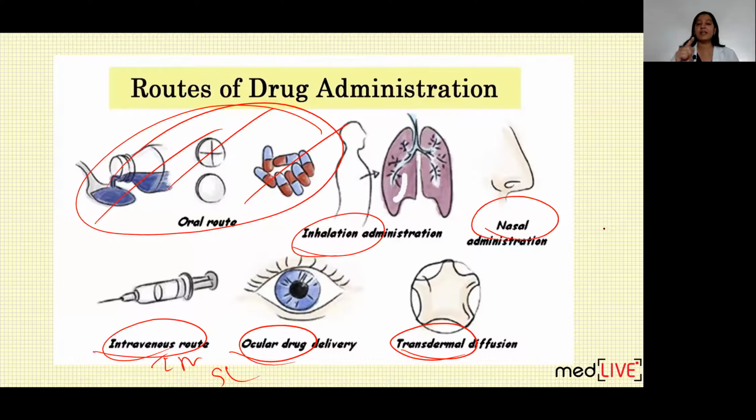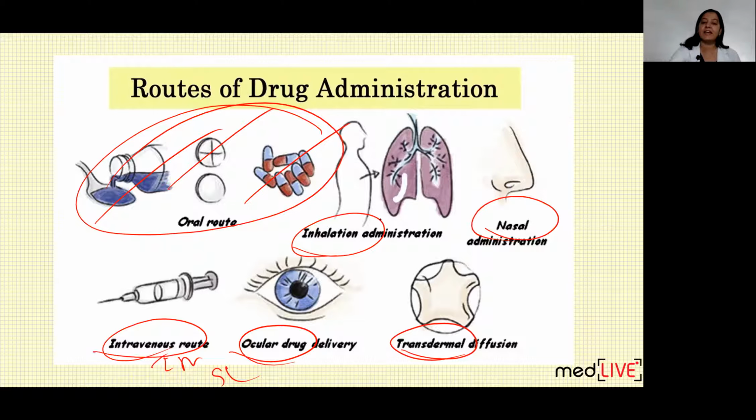Just suppose you are taking any drug orally by mouth, so that drug will go into your mouth, esophagus, stomach, and intestine. From the stomach and intestine, the drug gets absorbed through the blood capillaries, and it will reach the systemic blood. At first it will go to the portal circulation, and then it will reach the systemic blood. Ultimately it is absorbed from the stomach and the intestine.